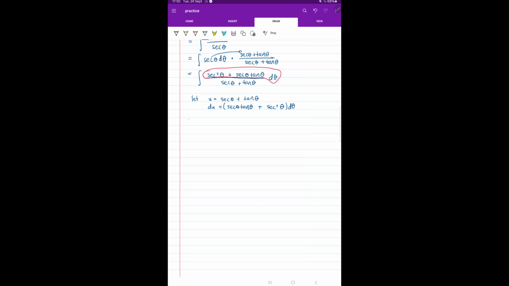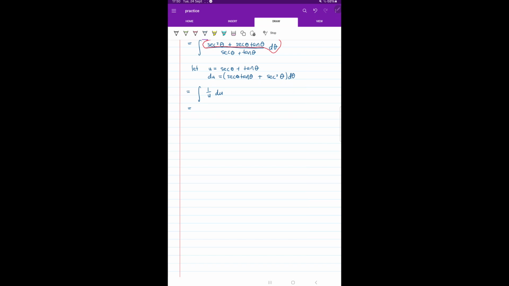So what does that mean? That means that this is the integral of, now we said that's du, so du over, we said that's u, so du over u. We could just write this as 1 over u du.